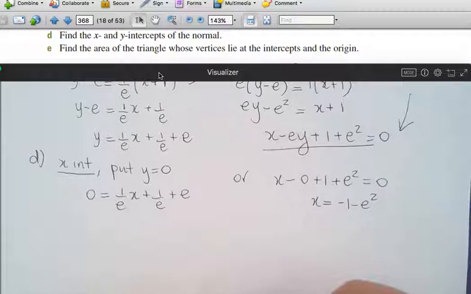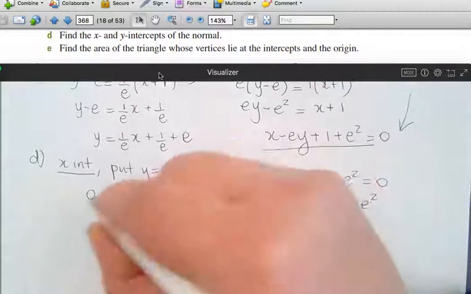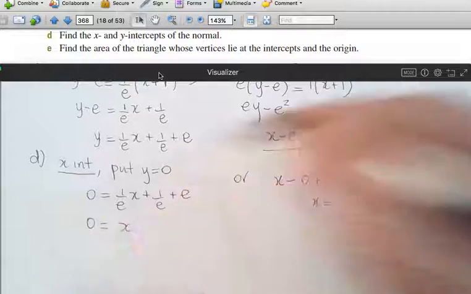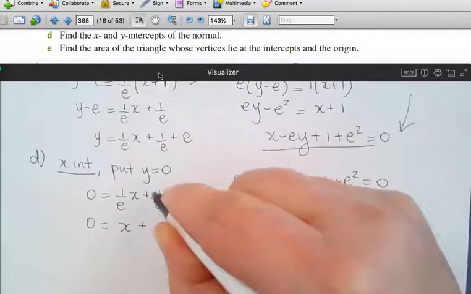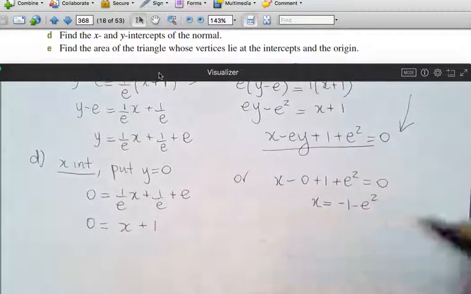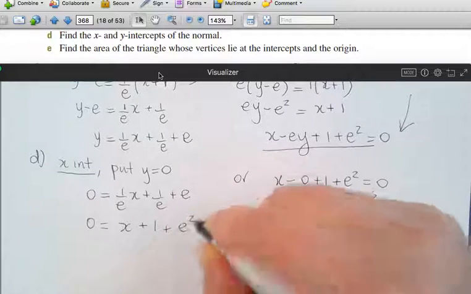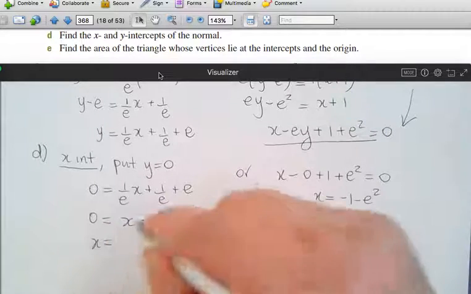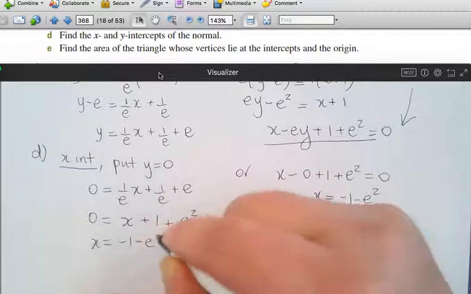Multiply everything by e? Yeah, it's the best thing to do. So e times 0 is 0. e times 1 on e, you just lose the e. e times that will be e over e is 1. And e times that is e squared. All right. So therefore, x is, take them over, negative 1 minus e squared.